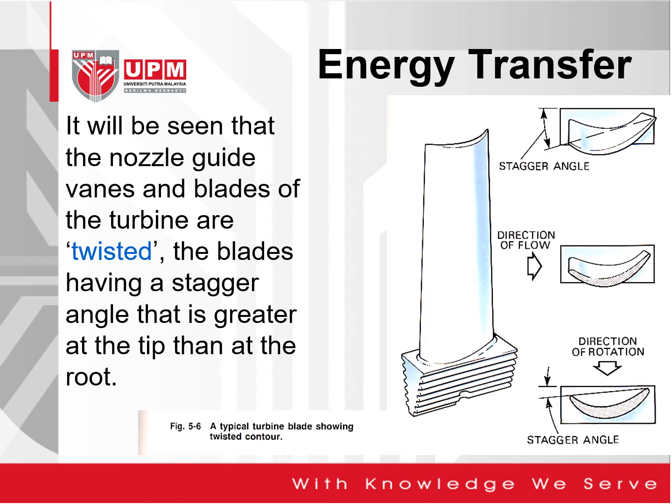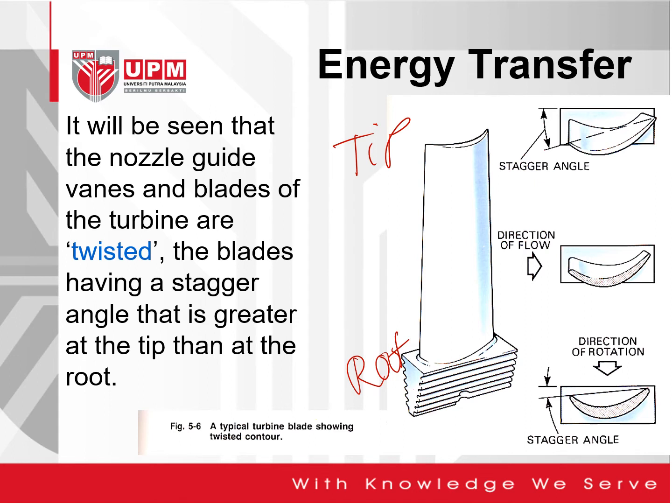In terms of the energy transfer, if you look carefully here, a typical turbine blade shows a twisted contour from the root here to the tip. It will be seen that the nozzle guide vanes and blades of the turbine are twisted. The blades have a stagger angle that is greater at the tip than at the root.